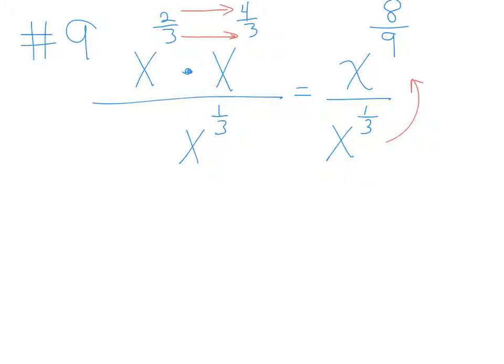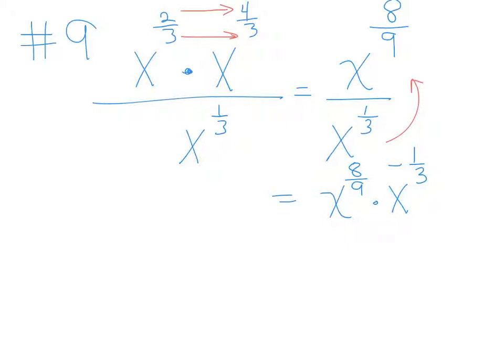So when you rewrite it, you're going to rewrite it x to the 8/9 times x to the negative 1/3. Why negative? Well, because when you change the position of the base of the number, the exponent changes in sign.